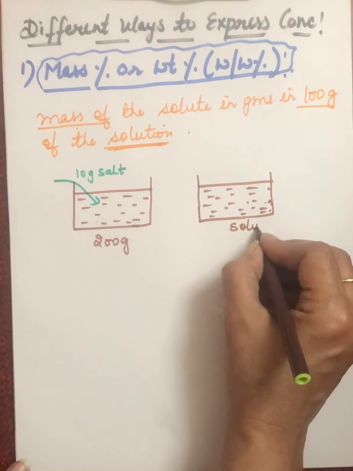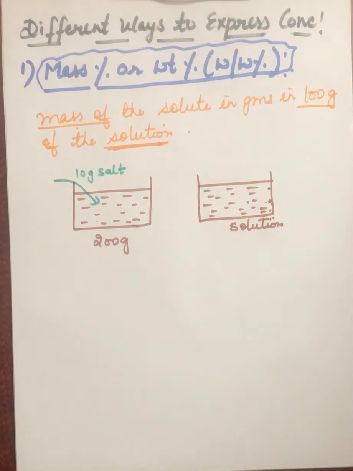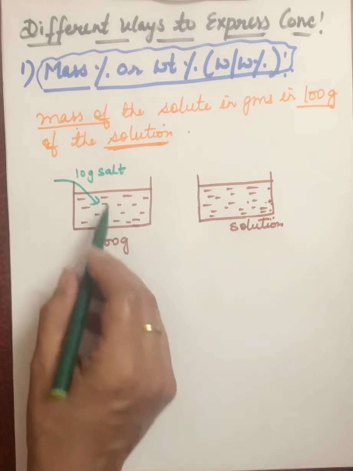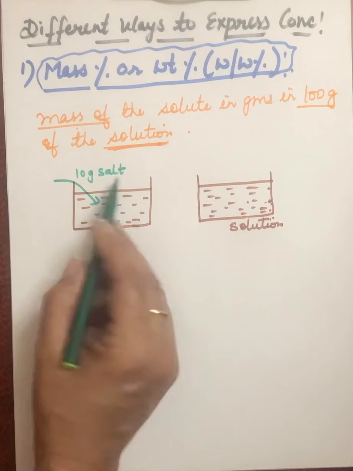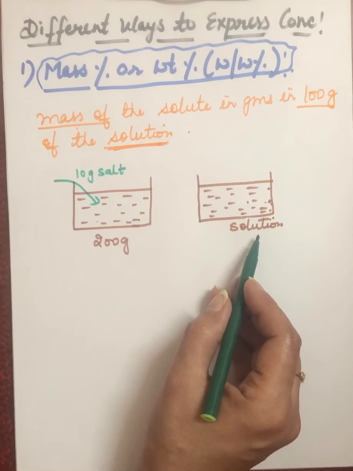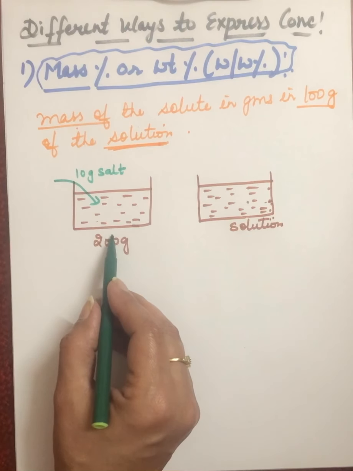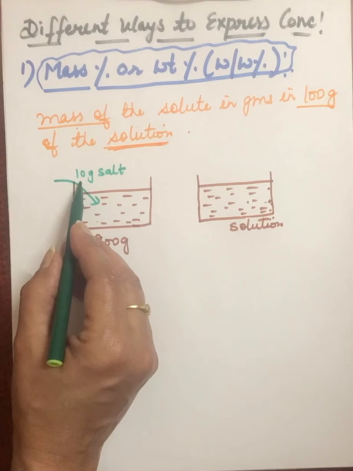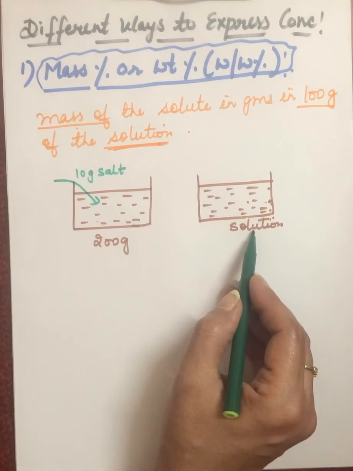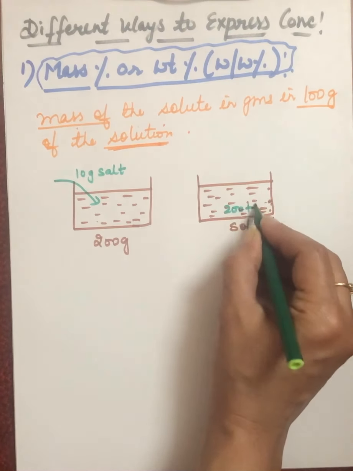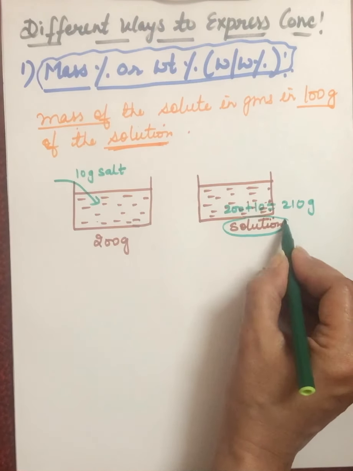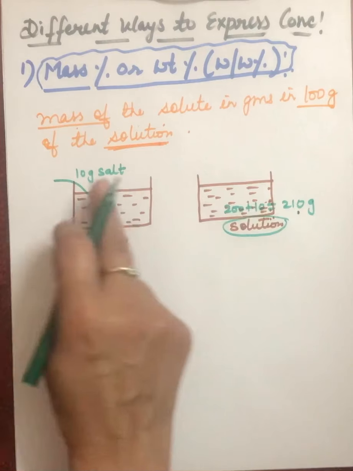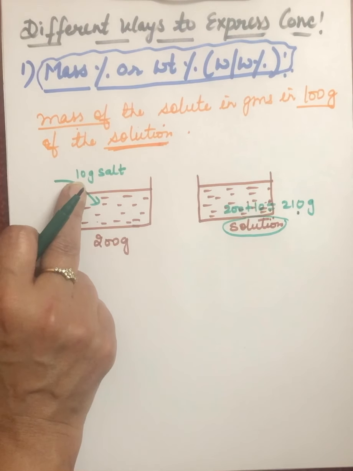Now the question here is, what is the mass percentage of the solute? In this solution, we have taken 200 gram solvent and 10 gram is solute. So the solution is actually solute plus solvent mass, that is 200 plus 10 equal to 210 gram. So in 210 gram of solution, we have to tell how much is the mass percentage of this salt.